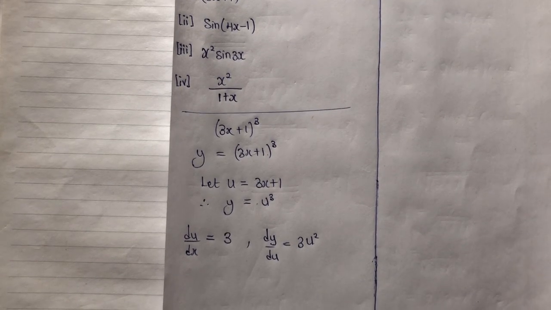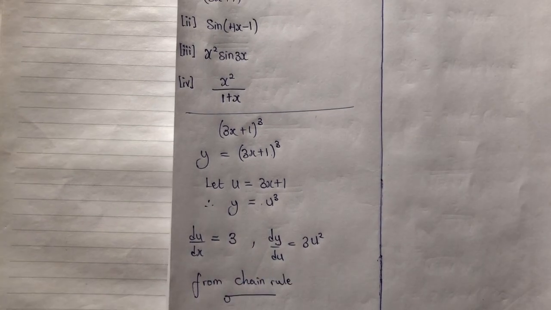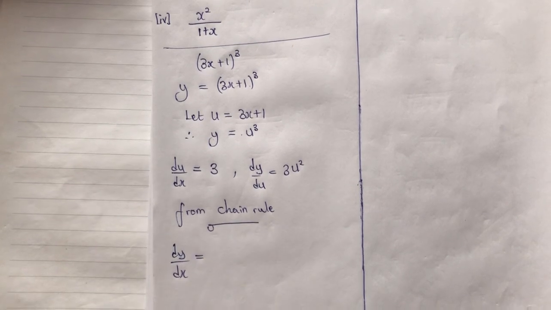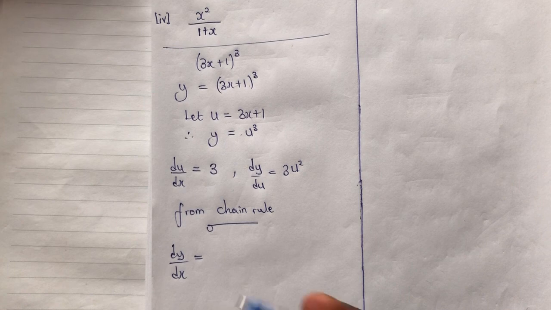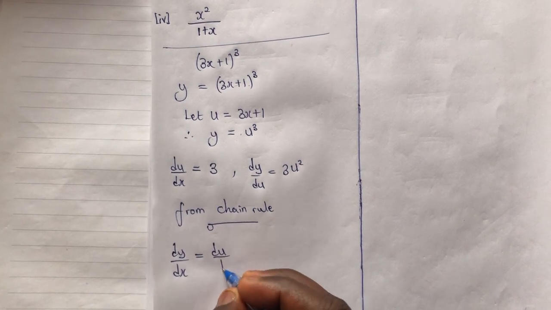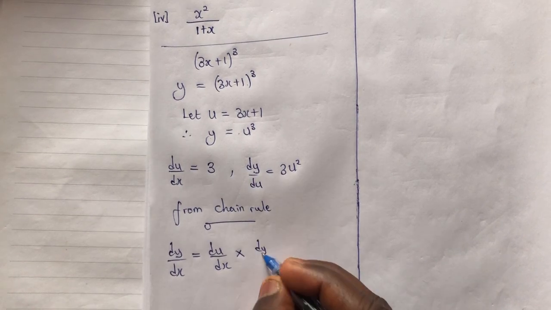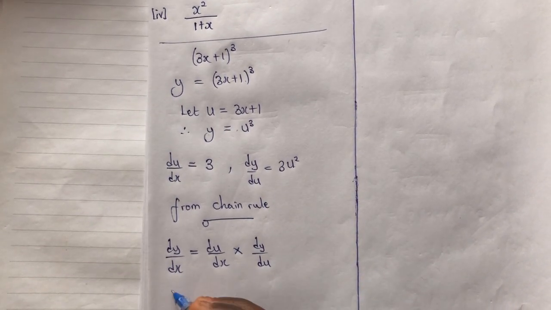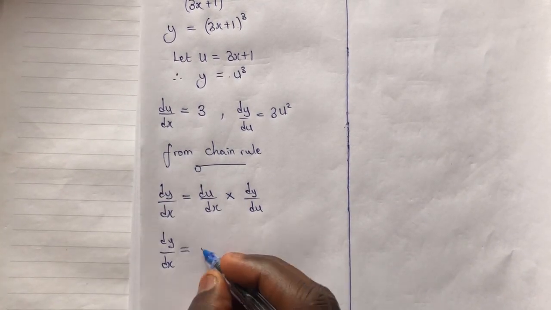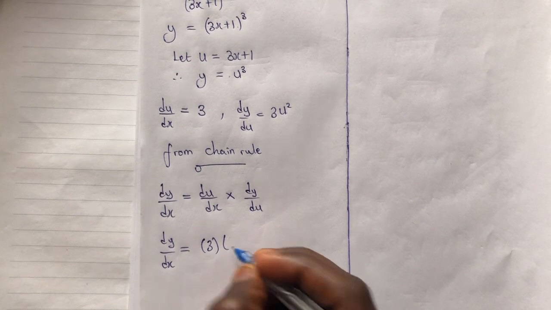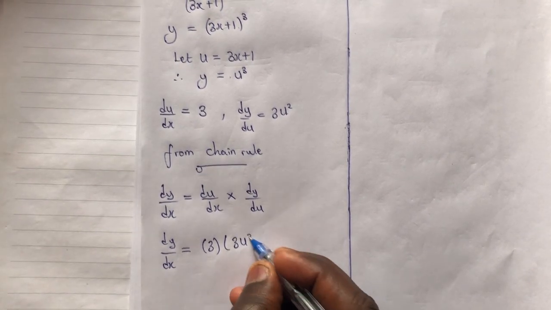So in our next step, we can apply the chain rule by saying from chain rule, we have dy/dx will be equal to the first derivative. What was the first derivative? du with respect to x. So you write your du/dx, then you multiply by the second derivative, dy with respect to u, dy/du. So dy/dx, what is du/dx? We got 3, and the 3 is multiplying dy/du, which is what? 3u squared.